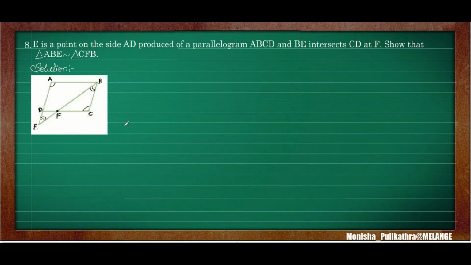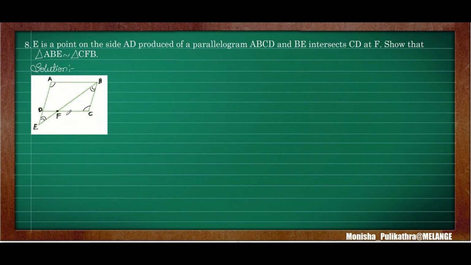Moving on to the last problem of this session. Here E is a point on side AD produced, so when AD is produced, it has been joined to a point called E, of a parallelogram ABCD. Parallelogram means its opposite angles will be equal to each other.